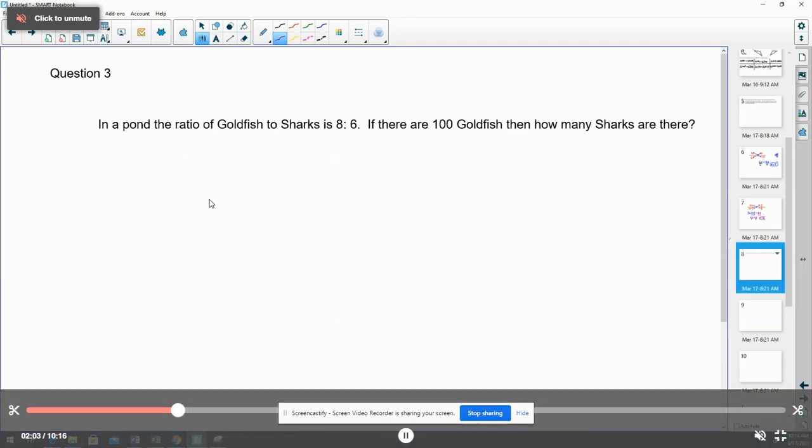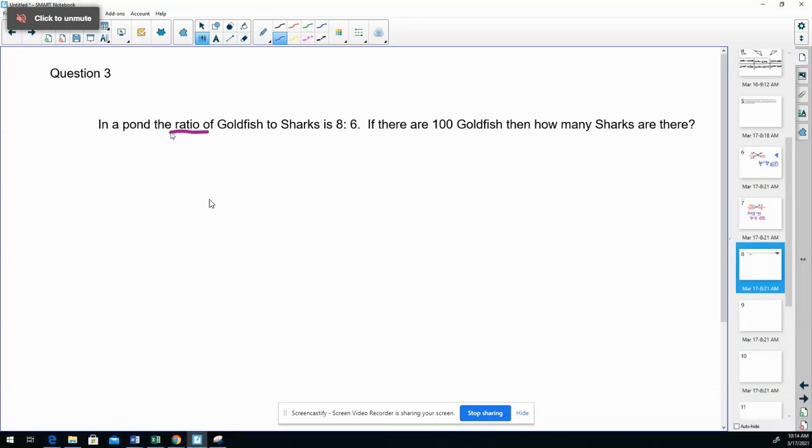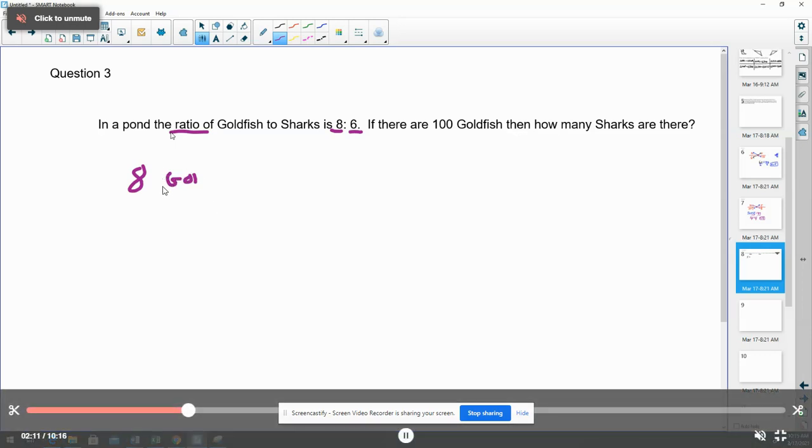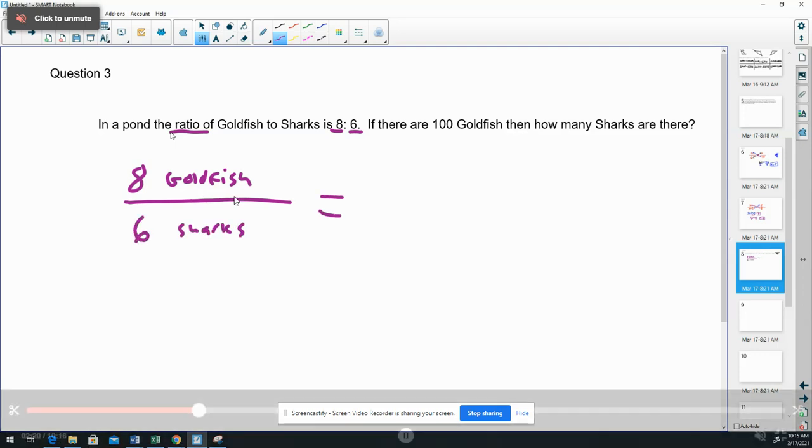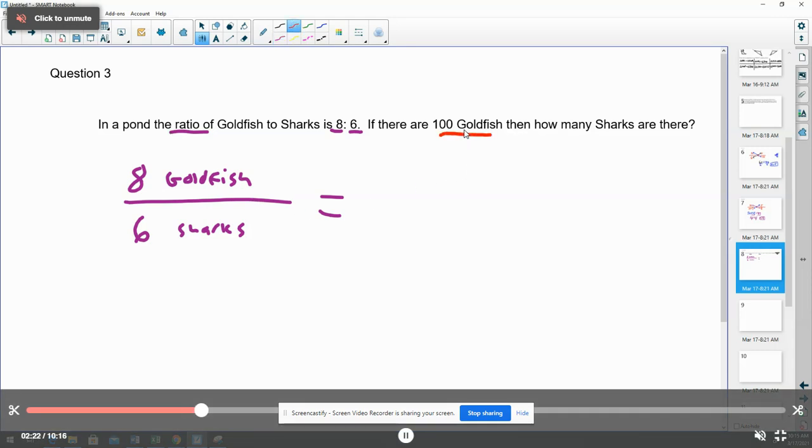Question 3. In a pond, the ratio of goldfish to sharks is 8:6. If there are 100 goldfish, then how many sharks are there? So our ratio is 8 goldfish over 6 sharks. That'll be equal to, well, we know there's 100 goldfish, so that's going to go on top. Notice how I have goldfish and goldfish on top.